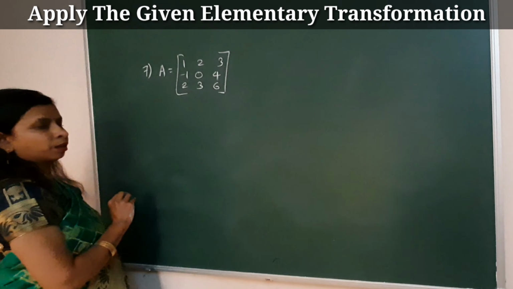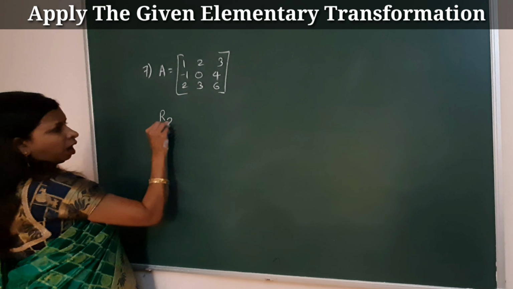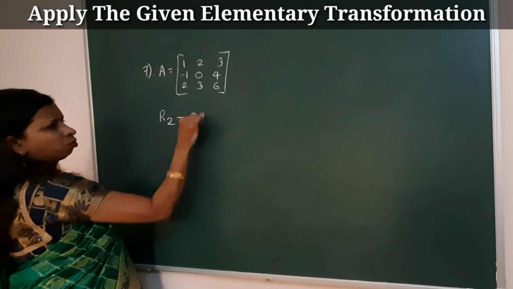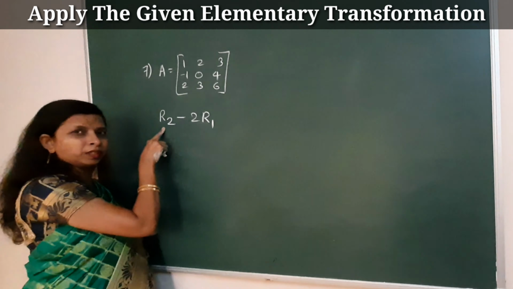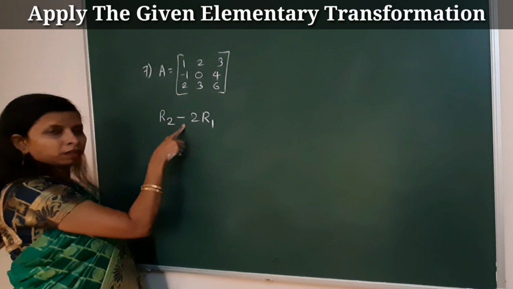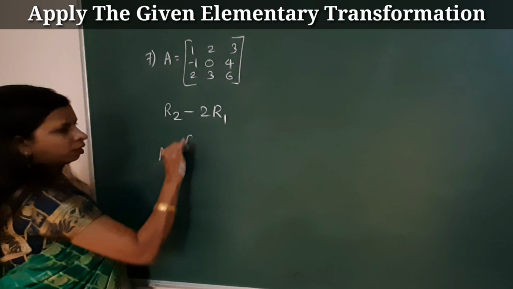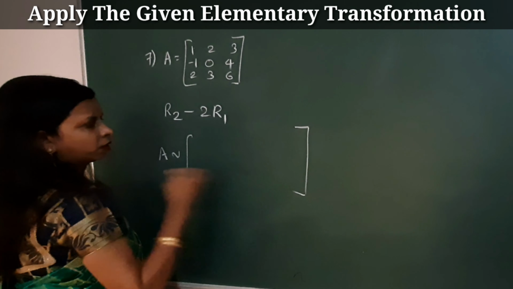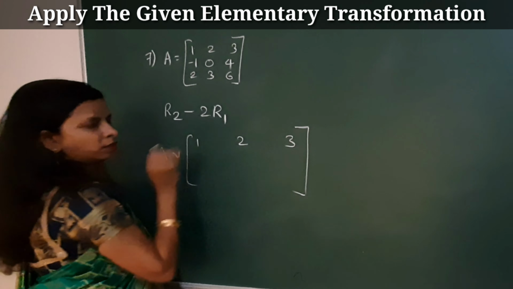Suppose this is the given sum and you are supposed to find out R2 minus 2R1. We are making the changes with the second row, R2 minus 2 multiplied by R1. Let me show you how to solve this. 1, 2 and 3.